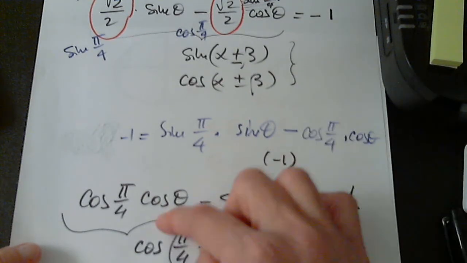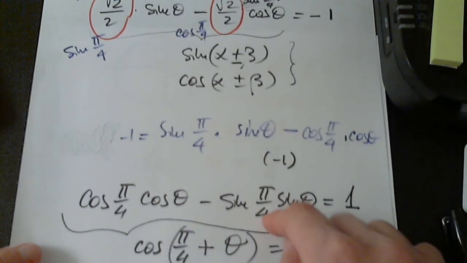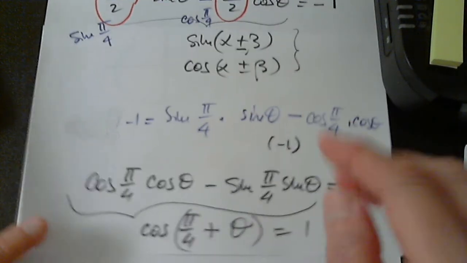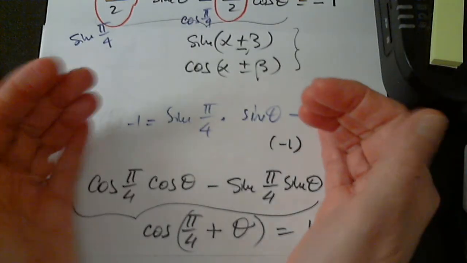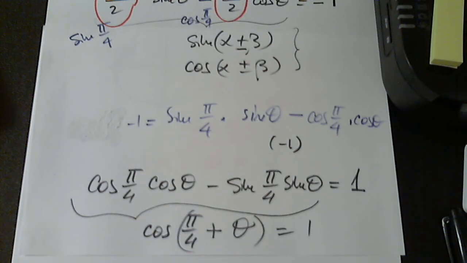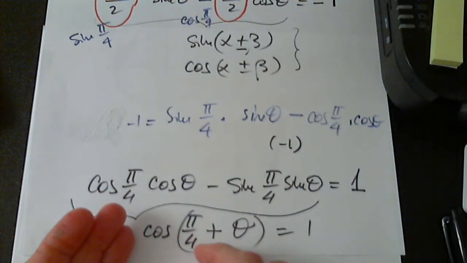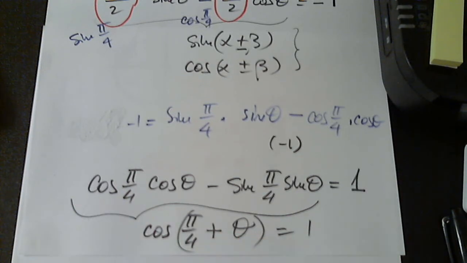This times negative 1 is positive, this times negative 1 is negative, this times negative 1 is 1. Now we were able to condense this into cosine pi over 4 plus theta equals 1.